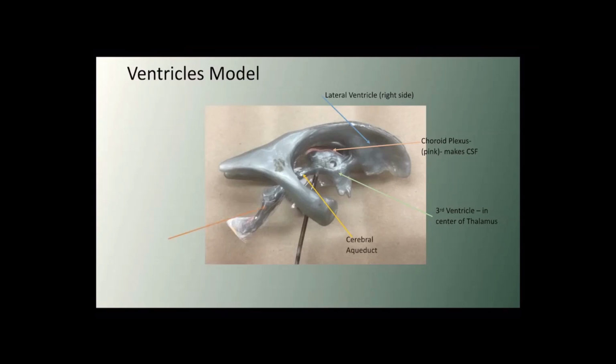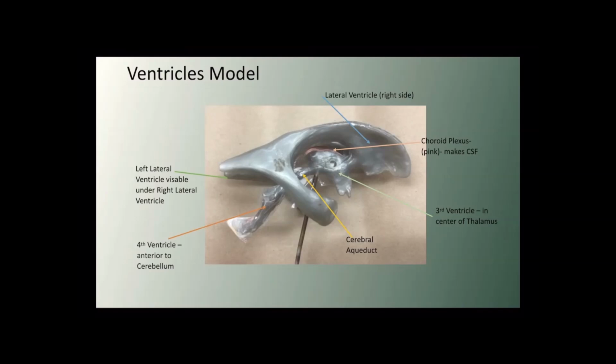Here? Fourth ventricle. And this arrow is pointing to the left lateral ventricle, visible under the right lateral ventricle.